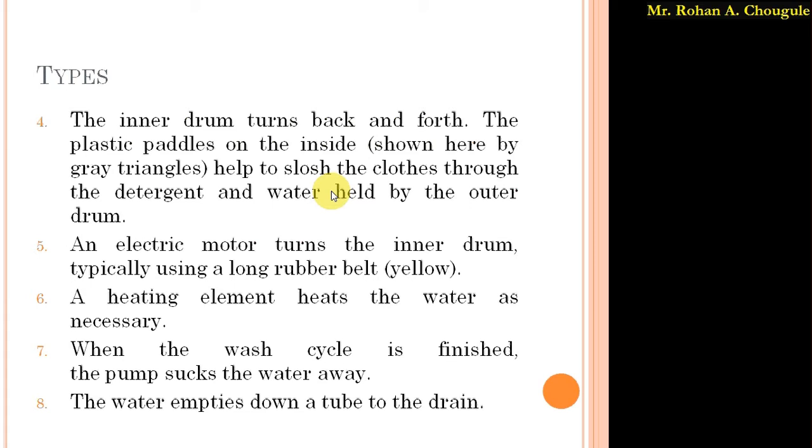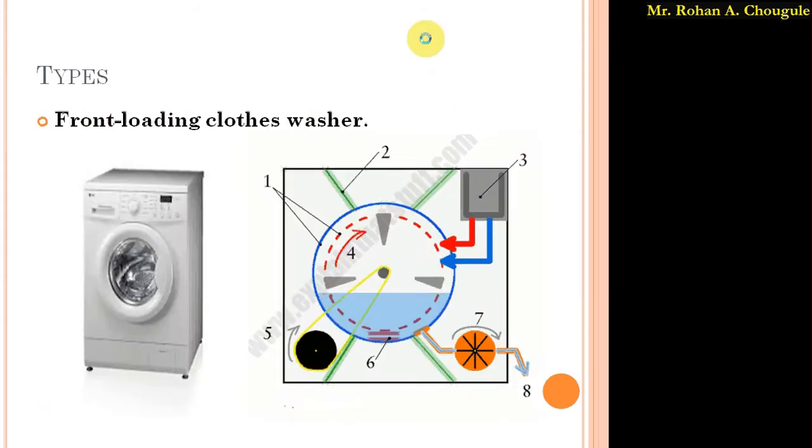So here the plastic paddles are used inside that inner drum, and this helps to slosh the cloth through detergent and water. In this picture, this triangle shows the paddles. So these paddles are used to slosh the cloth with the help of detergent and water.